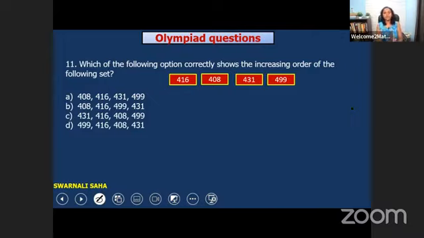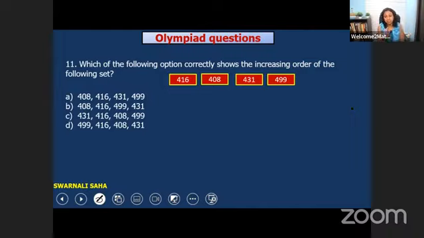So many of you have given the answer, and option A would be the right one because we have 416. Here all the numbers are 3-digit numbers. I have already told you, first you compare the highest place. We start from the hundreds place. Here all the digits are the same, 4, 4, 4, 4.